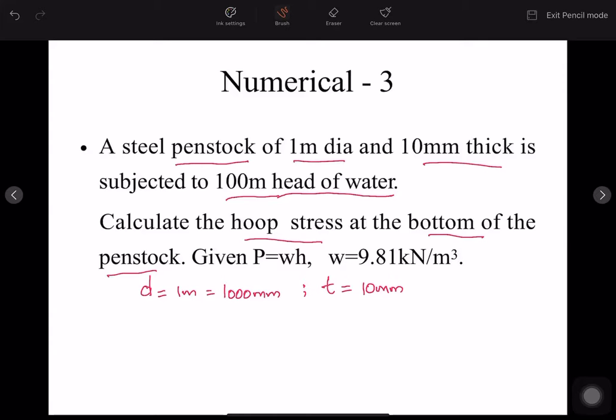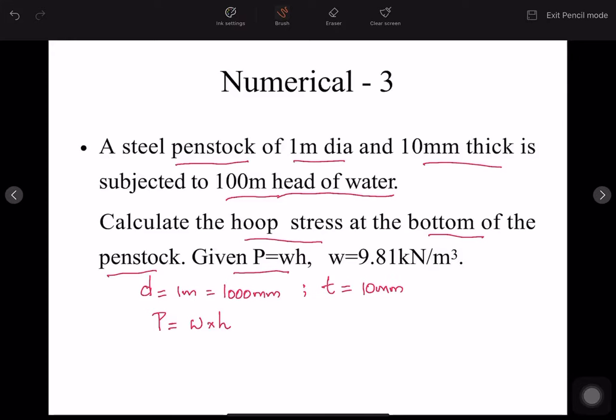Given P equals to small w into h. So here P is internal pressure. So instead of giving internal pressure value directly, he has given a certain equation to calculate the internal pressure.